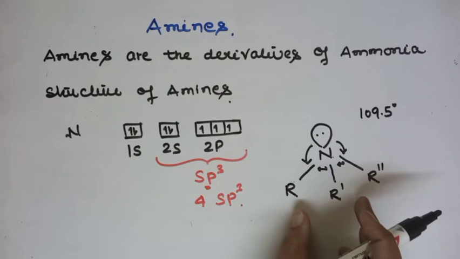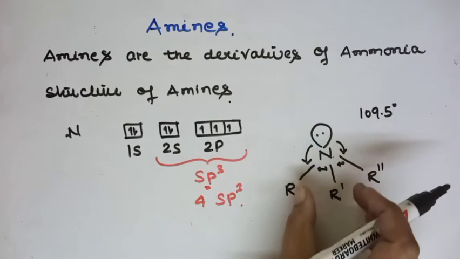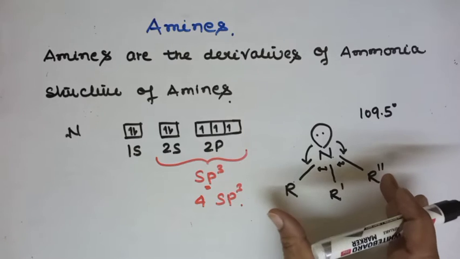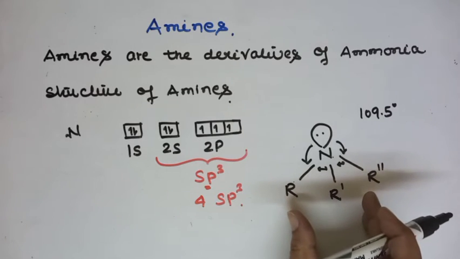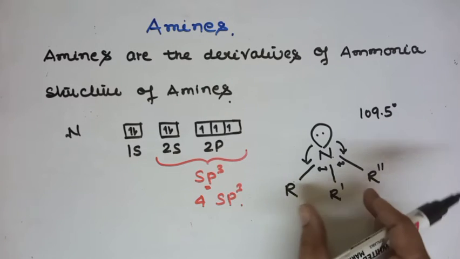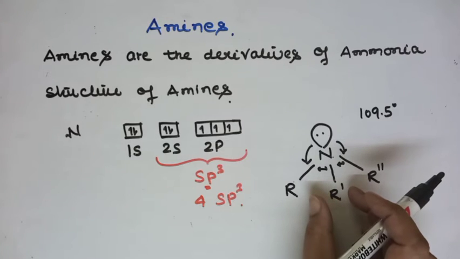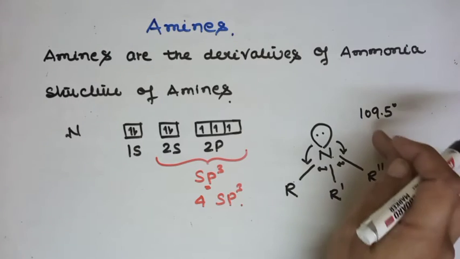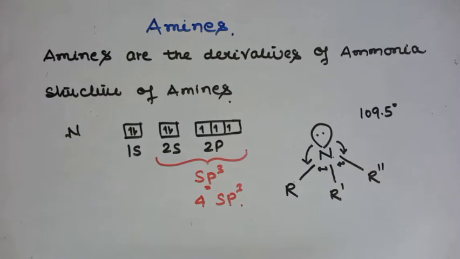So what will happen? This lone pair will push the bond pairs and the bond angle will slightly shrink. Hence the bond angle will reduce a little less than the normal tetrahedral angle.